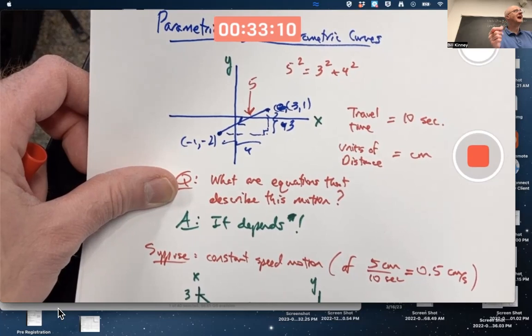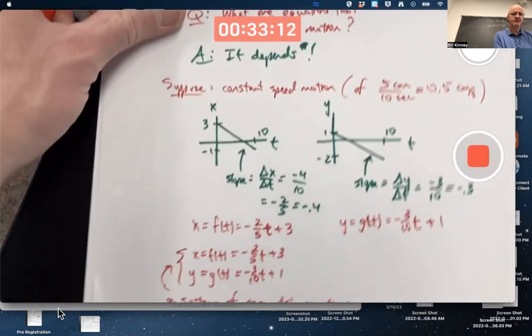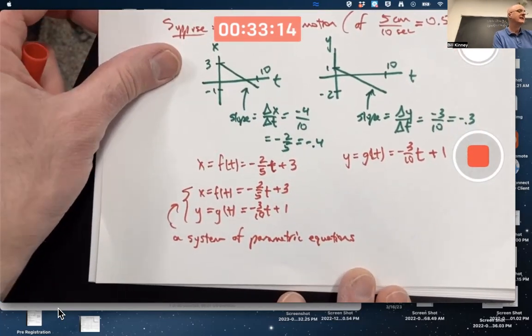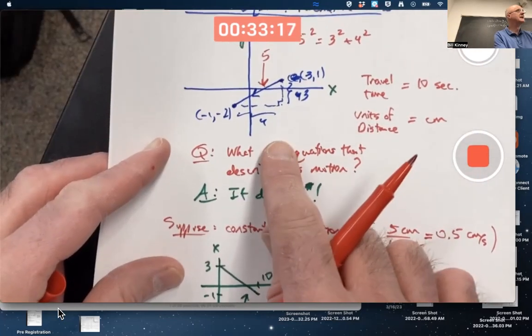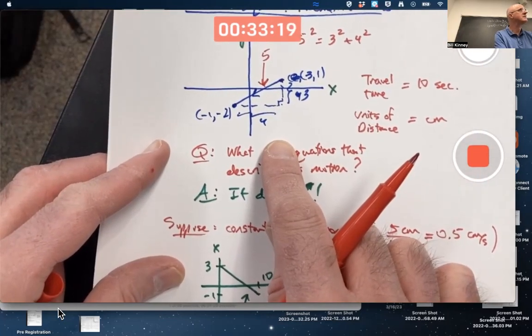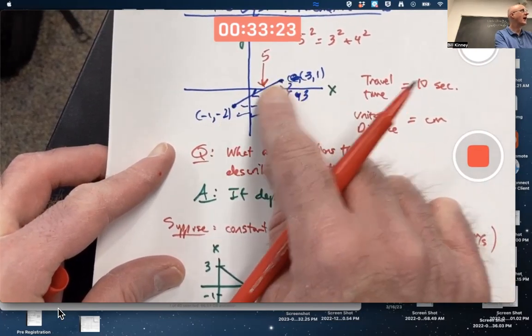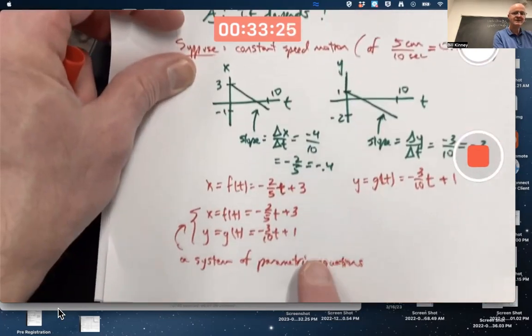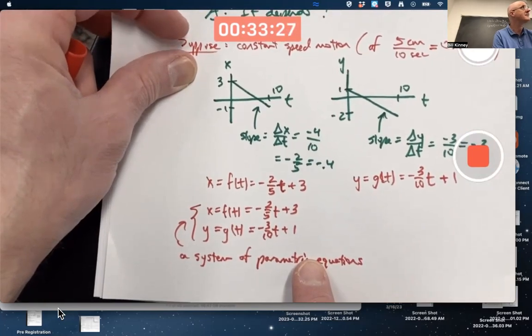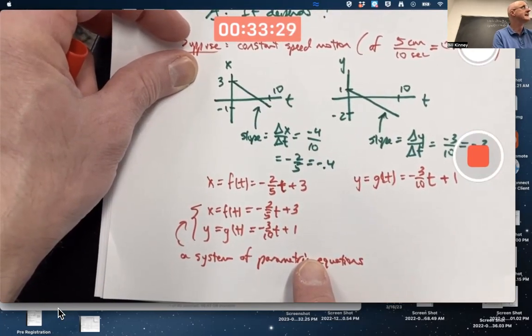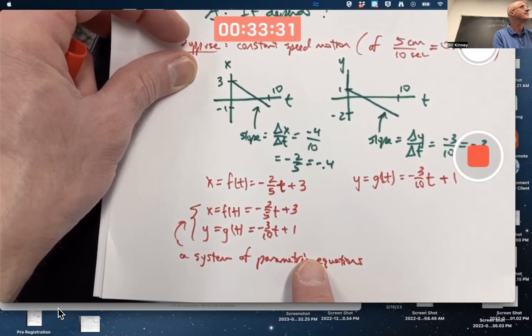It's possible the bug's not traveling at a constant speed. Then I would need different parametric equations. But the actual curve that you draw could be the same curve. It could be still starting here and ending there and traveling along a straight line, even if these were nonlinear functions. In fact, we'll make examples where that does happen. Can I clarify anything?